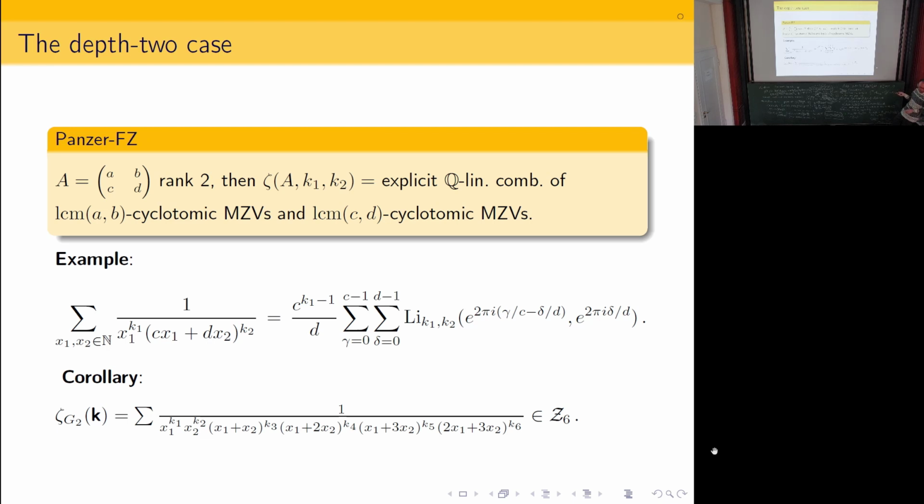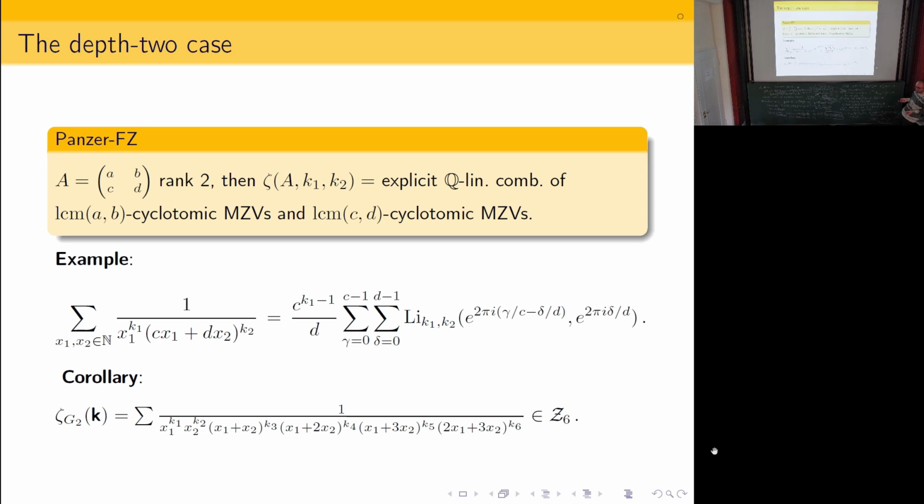So in the theorem, the LCM of A and C doesn't matter. It's on the intersection or the union. That's the question. So you'll have two different parts of the sum. One where you have this kind of LCM and one where you have this kind of LCM. So it's rank 2, but they don't mix.